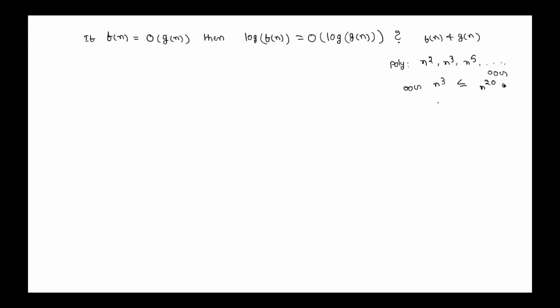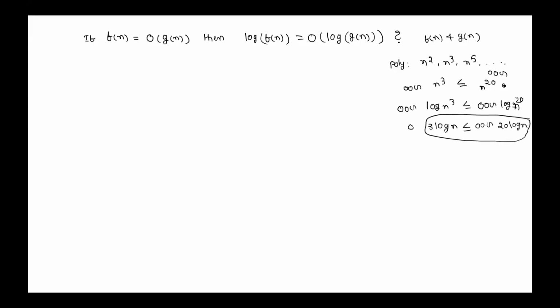Now if we take log, the order of growth of log n cube is less than or equal to the order of growth of log n power 20. Is that correct? What is its order of growth? It is same as 3 log n, and for the other, 20 log n. Order of growth of 20 log n.